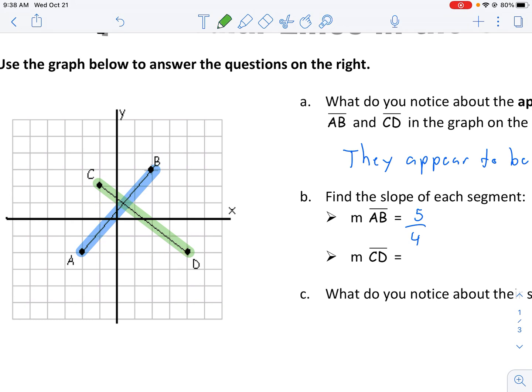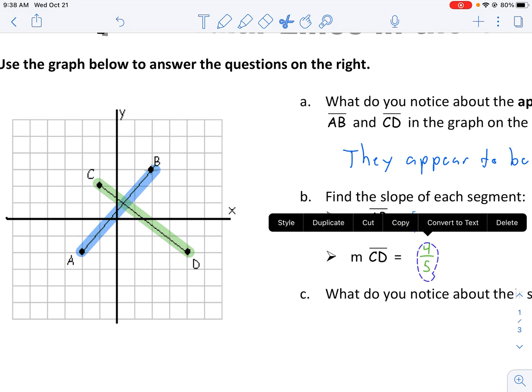So it was down 4 over 5. But notice how the green line is going downhill. So remember, that's a negative slope. So our slope of this one is negative 4/5.